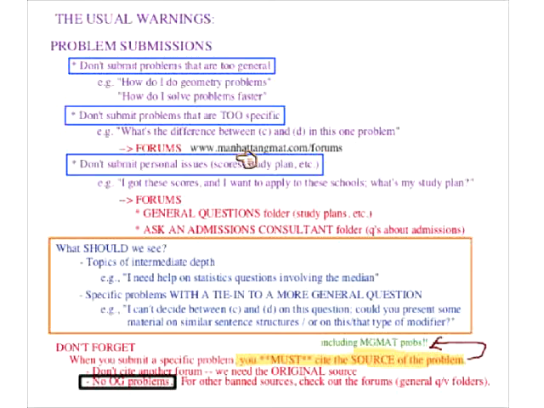So here's another individual from, in fact, just the day before yesterday. So again, the point is don't submit your personal issues and study plans and so on.